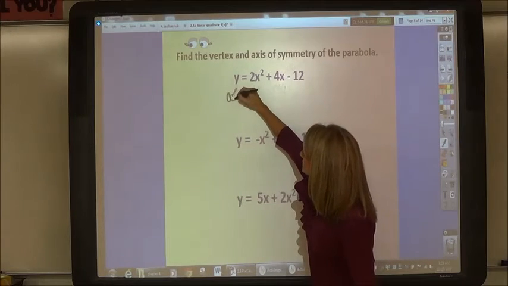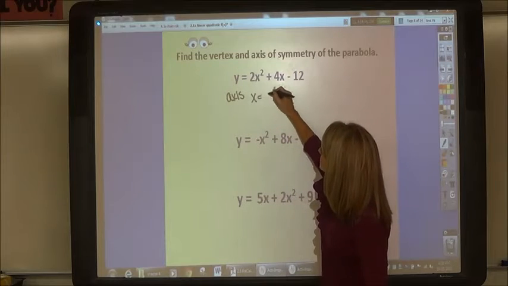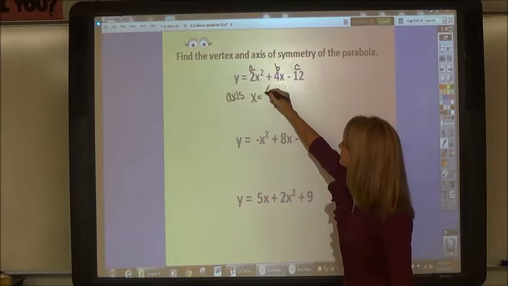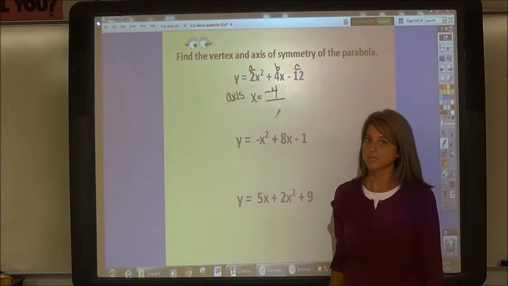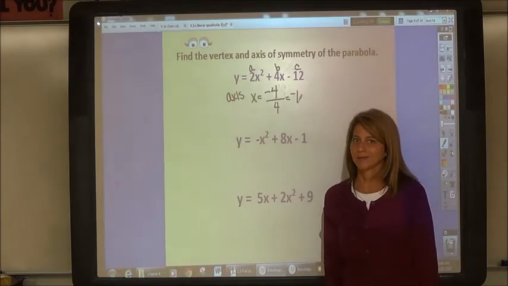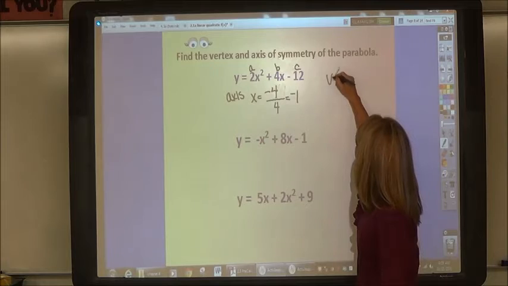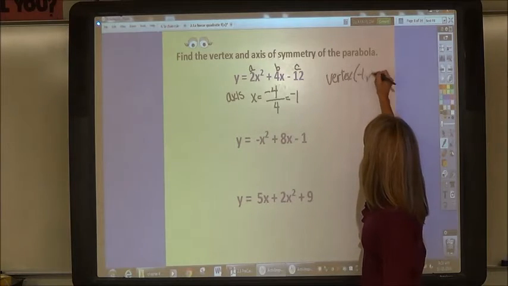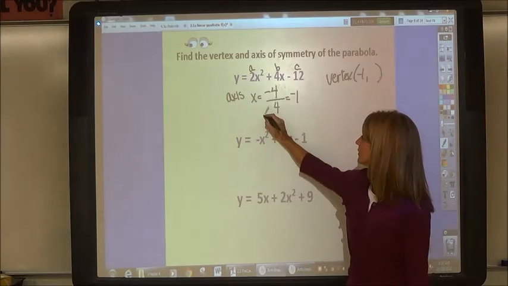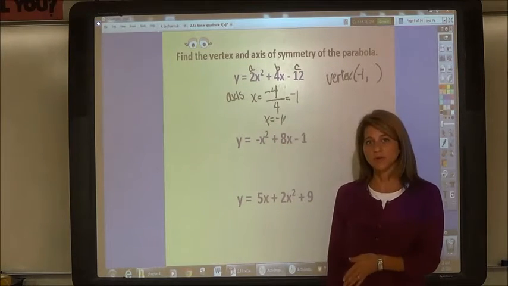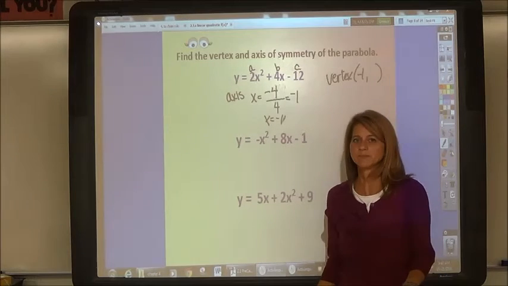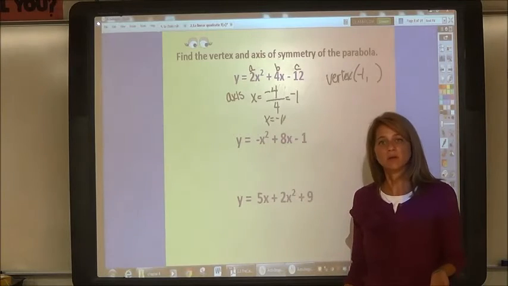So, for axis of symmetry, x equals opposite of b, over 2 times a. Hey, x is -1 again. That was nice. So I know that my axis of symmetry is the line, x equals -1. And I already have the x part of my vertex point, 2 for the price of 1. Now let's go find the y part of the point.